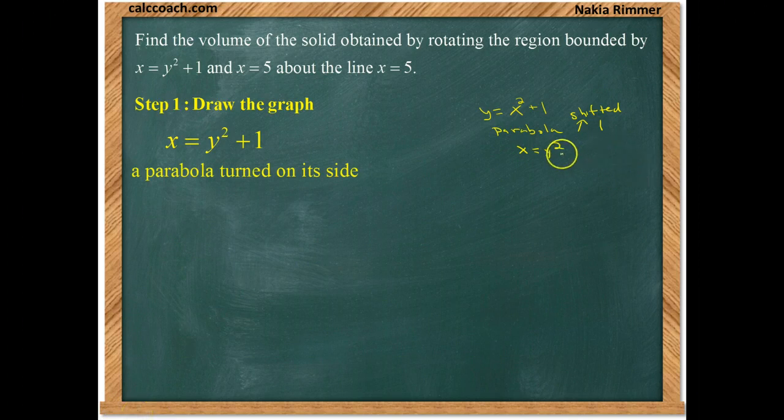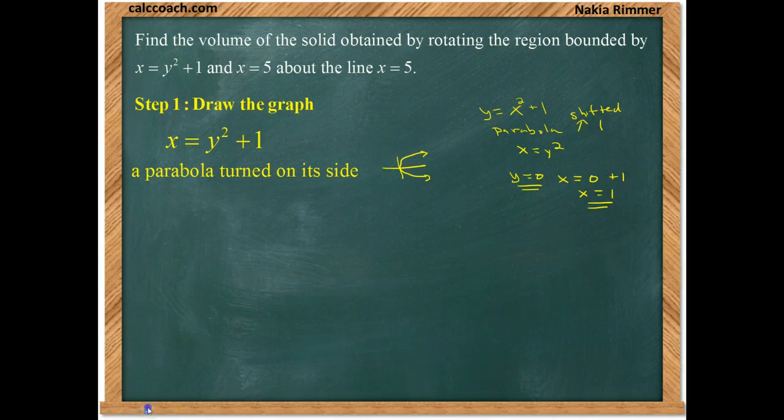Okay, but what does the plus 1 do? We have to figure out, is it a shift to the left? Is it a shift to the right? See what happens when you plug in y equals 0. We'll have x to be 0 plus 1, so x should be equal to 1. So if you take a parabola that's on its side, and when y is 0, x is going to be 1, then that means you must have shifted it over 1 unit.